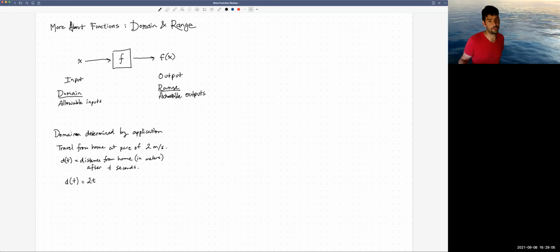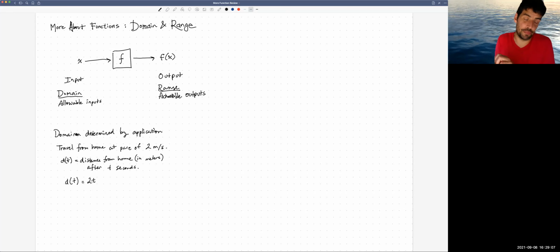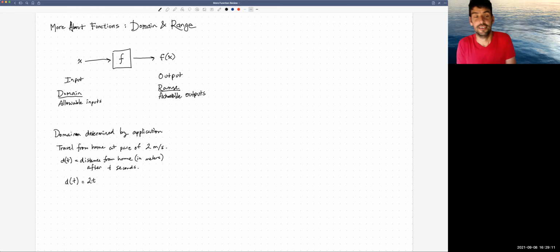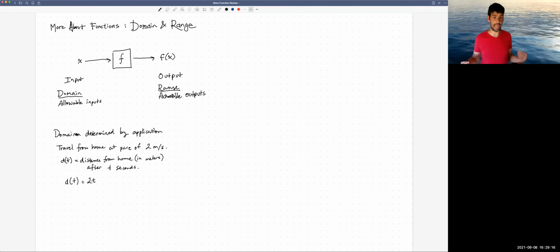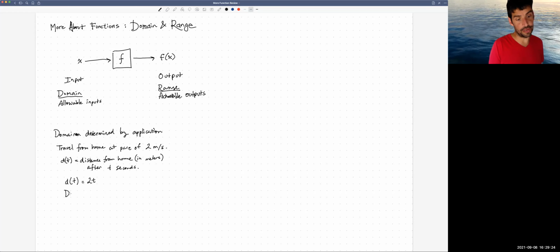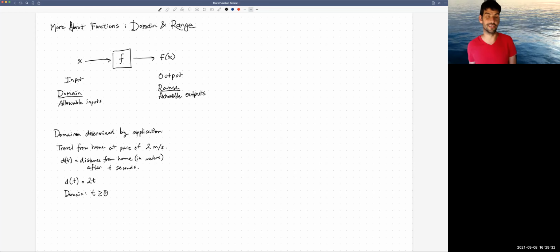So what's the domain of this function? Well, because of the nature of this problem, it doesn't make sense to talk about negative numbers, for instance. There's the moment I start, presumably at home, so 0 seconds, and then every second I walk after that. So we might say that our domain is t greater than or equal to 0.